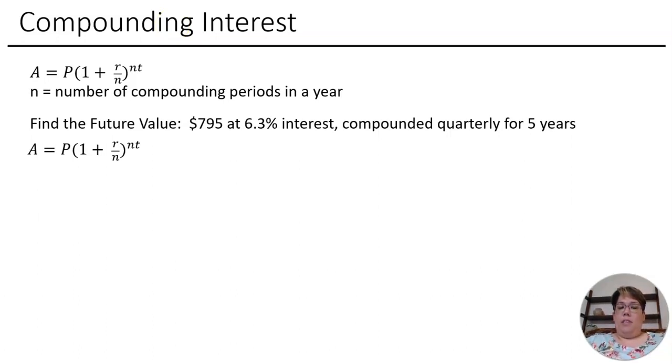Now you just have this extra layer: an extra variable n. And n depends on how it's compounded. In this particular case, you are compounding quarterly, and so if you're compounding quarterly, n is going to be equal to 4.